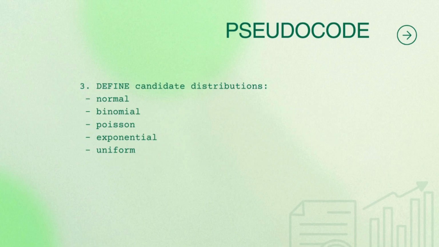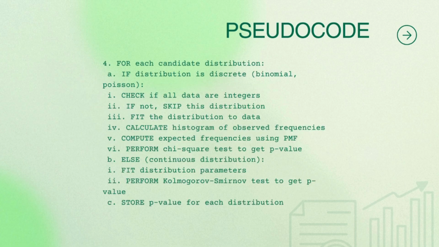Next, we define the distribution tests. These are common statistical distributions: normal, binomial, Poisson, exponential, and uniform. Each one has its own characteristics, and we will assess which fits best. Next, we loop through each candidate.